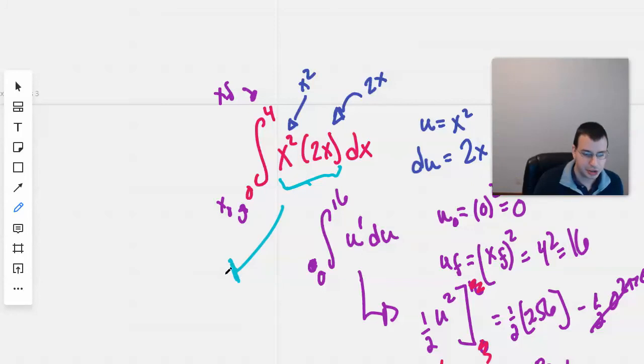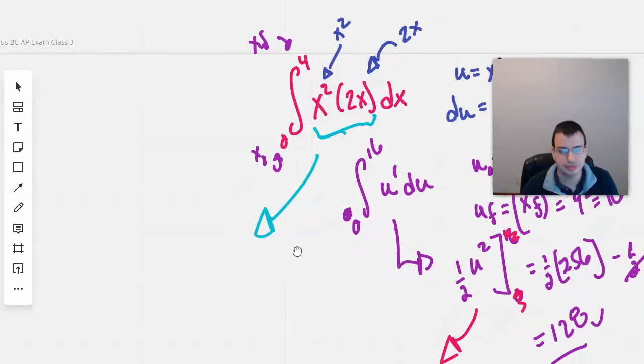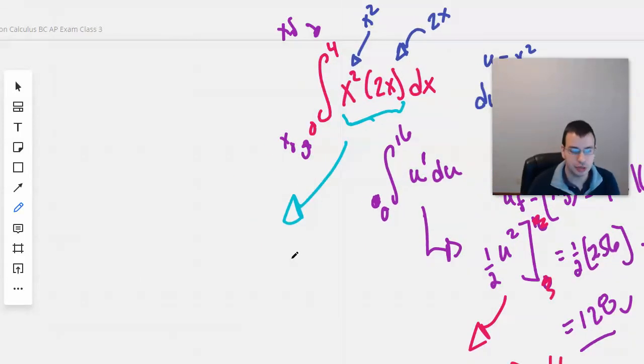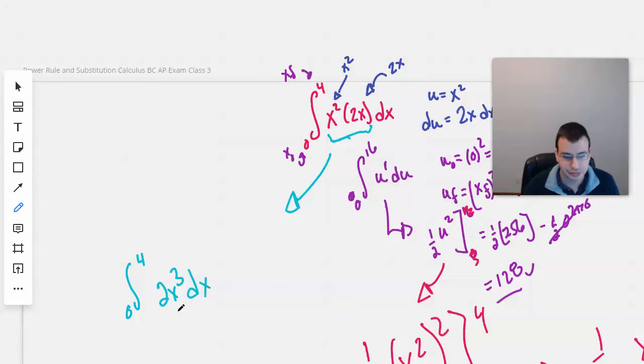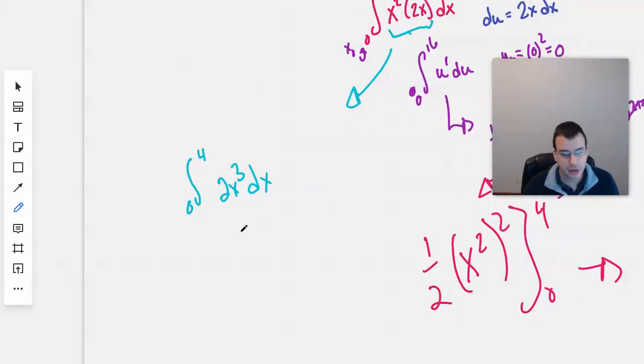That's just because I wanted to show how substitution works. So here, we could rewrite this as the integral from 0 to 4 of 2x cubed dx. And we know we can pull the 2 out.